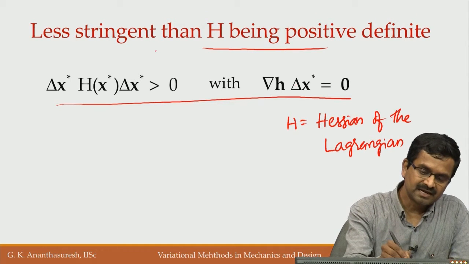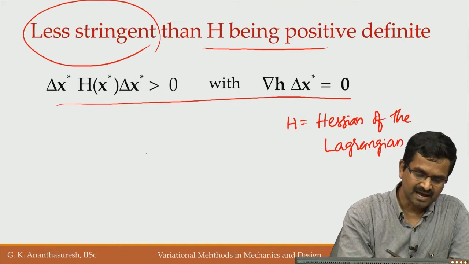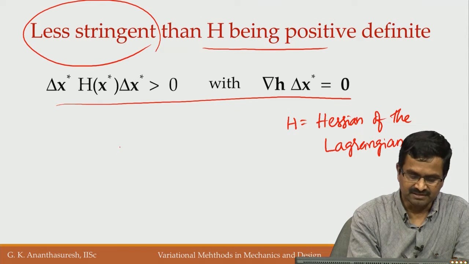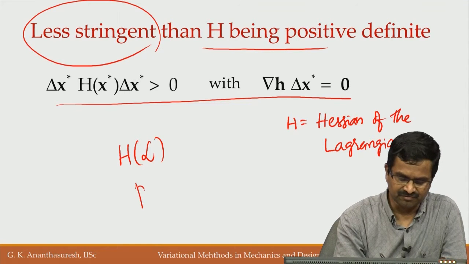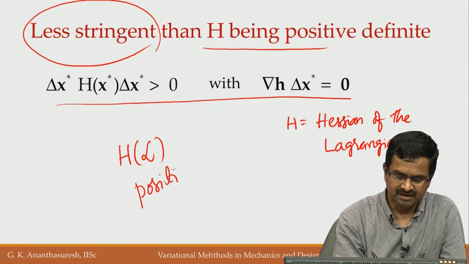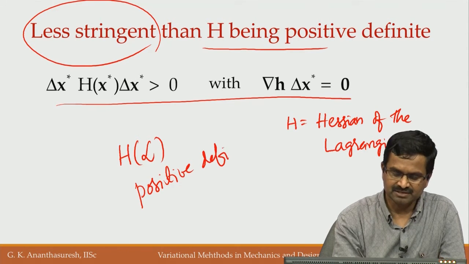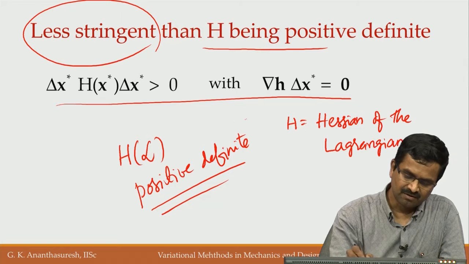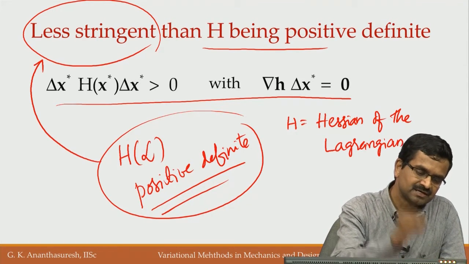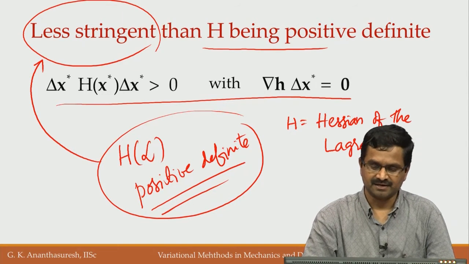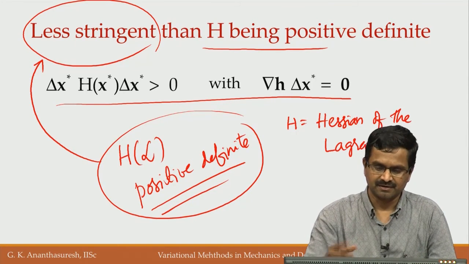This is less stringent than asking generally for this Hessian of the Lagrangian to be positive definite. If you say this should be positive definite, you are asking for more, that is an overkill. This is okay, but we can go for something that is less stringent than that, which we discuss in the continuing lecture.